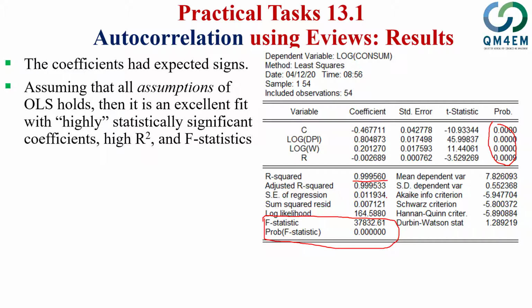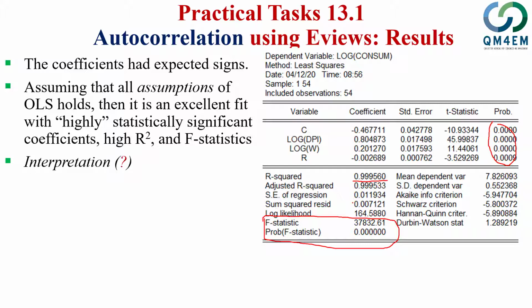So all this is an indication of a perfect fit or an excellent fit, something you would really love to have. That's if we assume that all the assumptions of OLS are met.